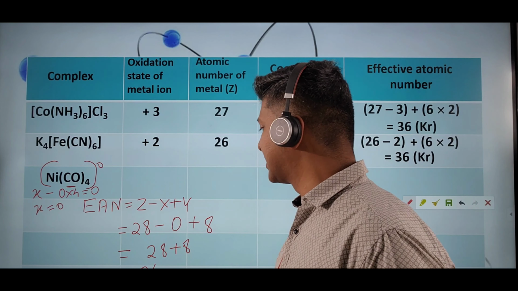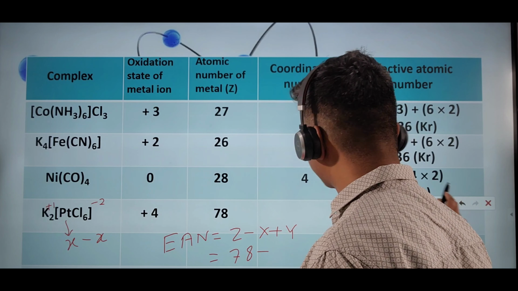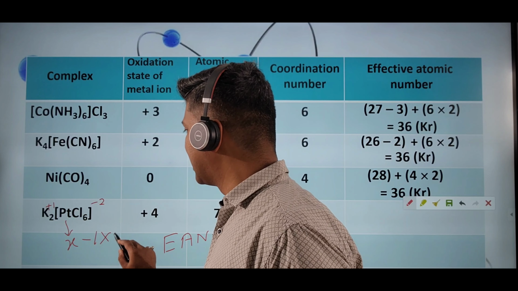Next, you have to calculate the effective atomic number of K2[PtCl6], but we need to know the atomic number of platinum. The atomic number of platinum is 78. So EAN is equal to Z minus X plus Y. Z is given, 78 is the atomic number of platinum. For X, we have to find out the charge on Pt. This is +1 into 2 is +2, so here we'll have -2, right? Pt is X minus 6. How 6? -1 is the charge on Cl into 6.